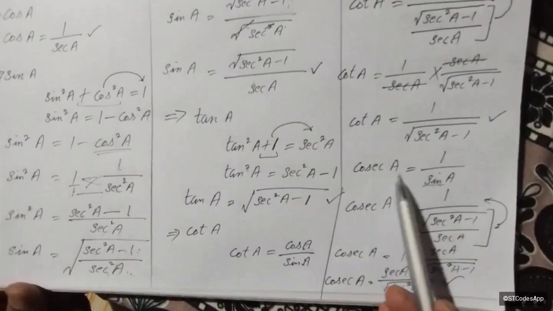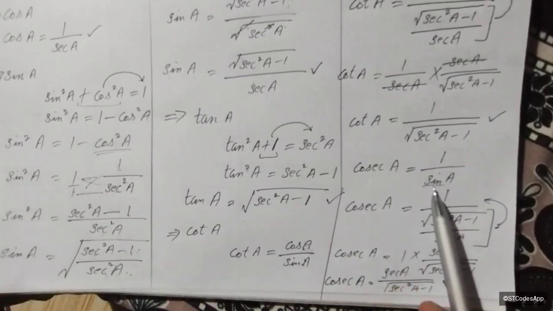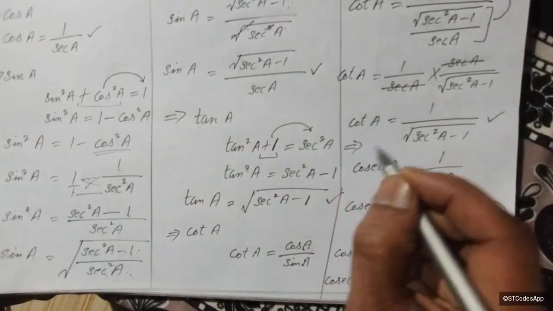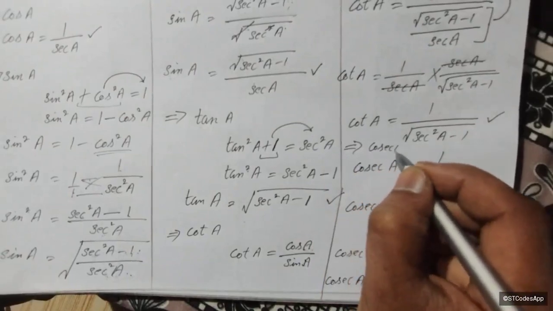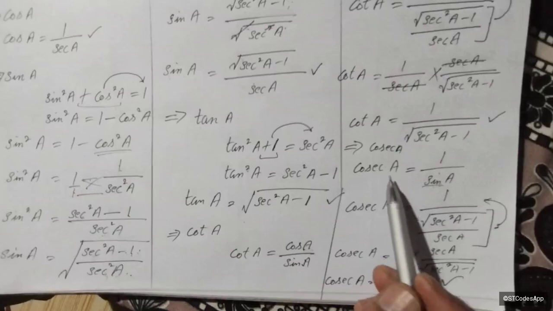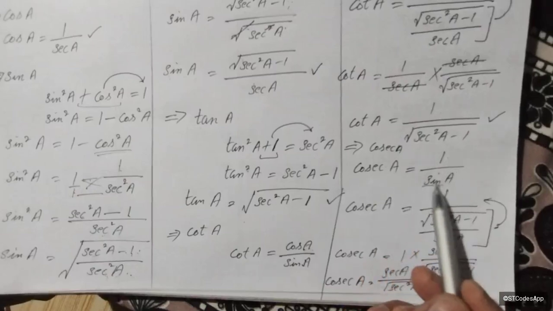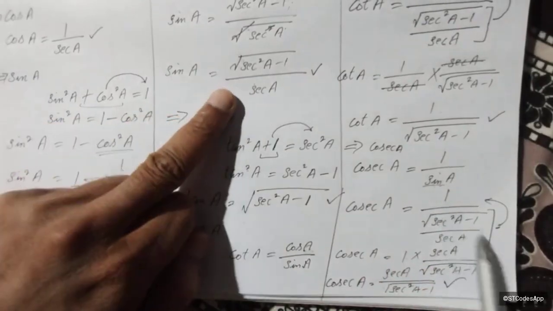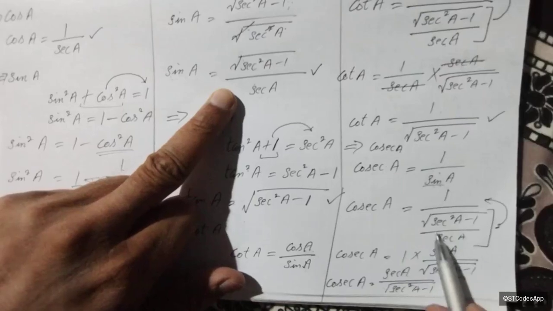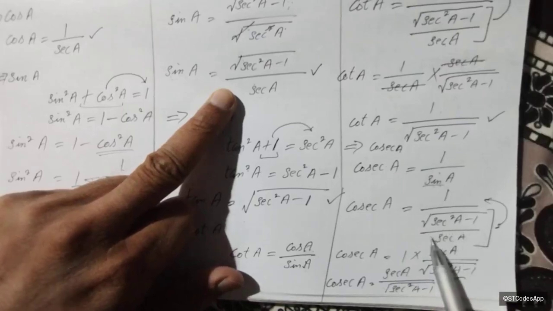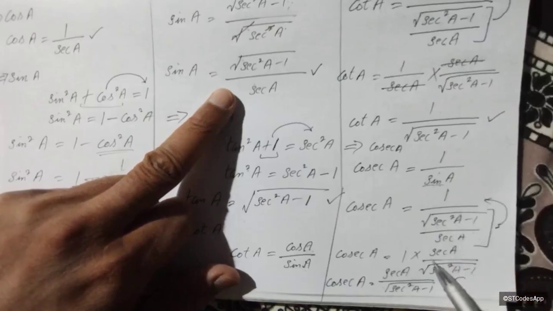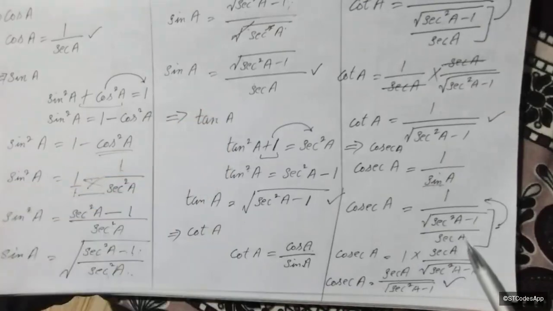Now cosec A is equal to 1 upon sin A. This is in the formula. So in place of sin A, again we filled the value which we have calculated, under root sec square A minus 1 upon sec A. So cosec A is equal to, when we put this in front of 1, we reverse the values.